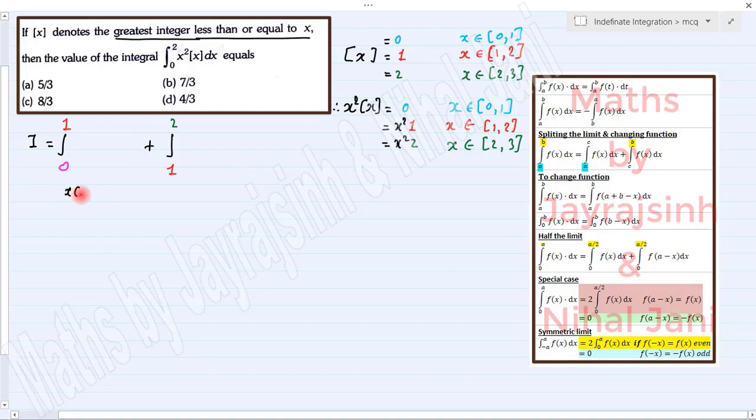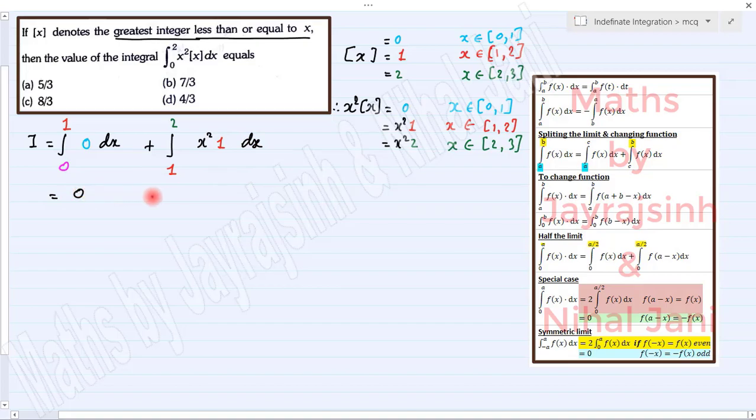Now when x belongs to 0 to 1, our function must be 0, and when x belongs to 1 to 2, our function must be x square into 1. So we are ready for integration.